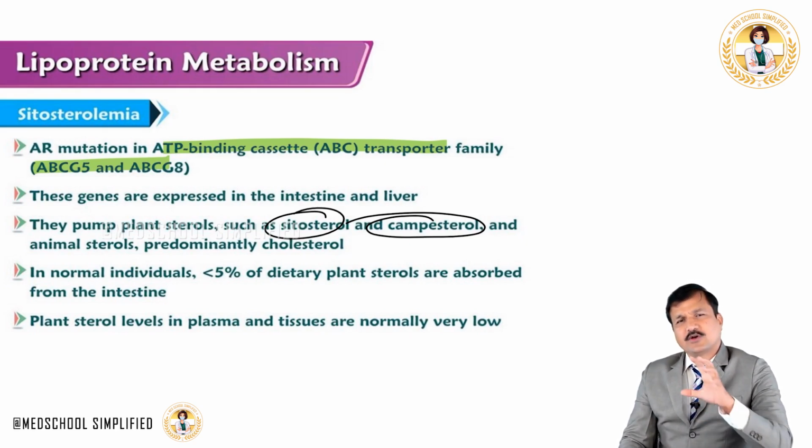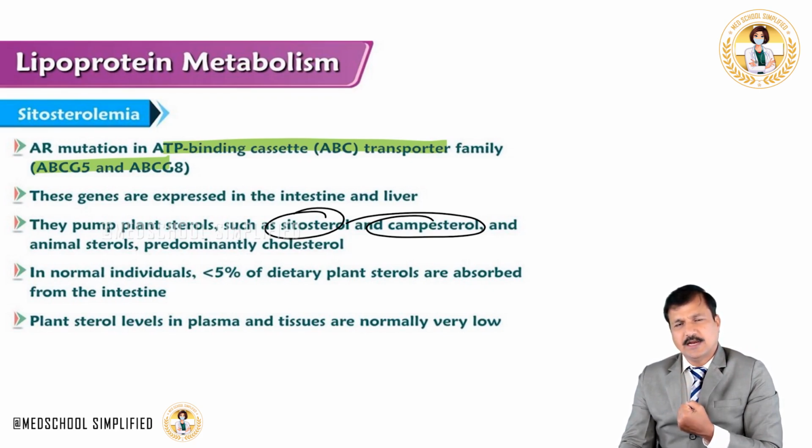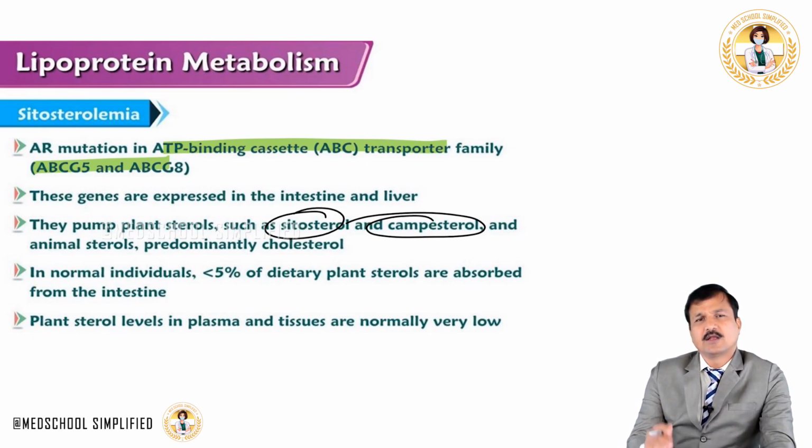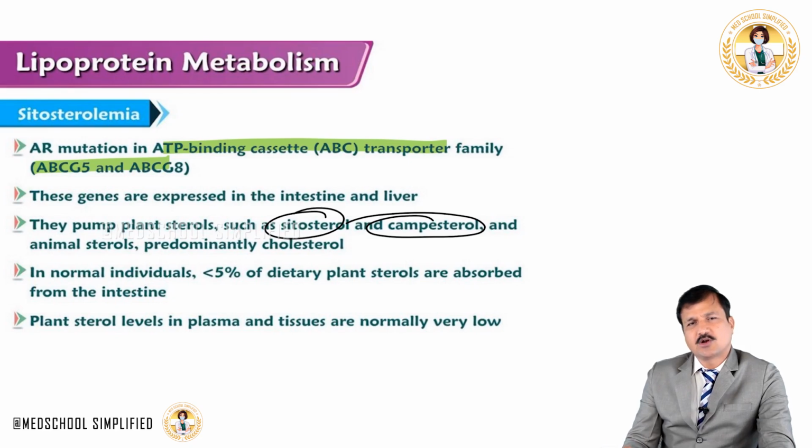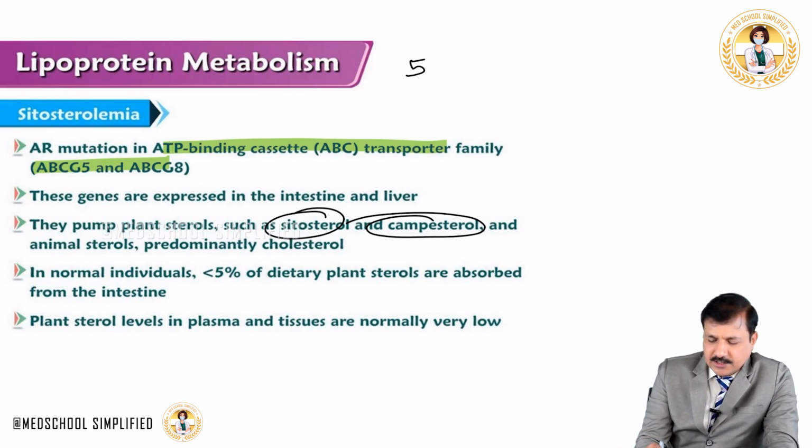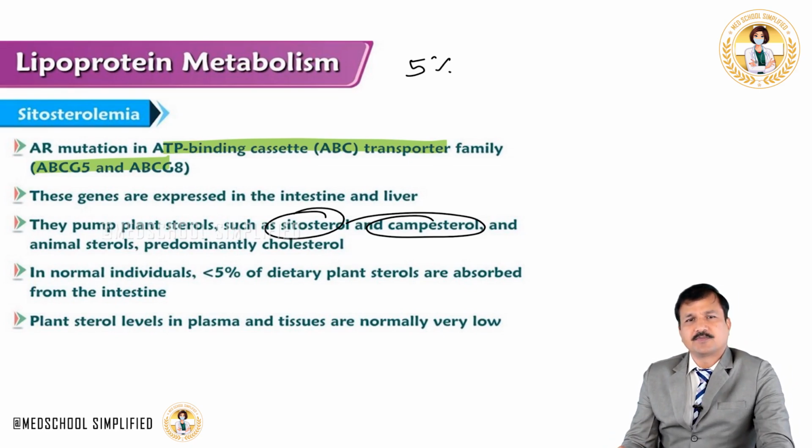So plant sterols get into our diet, and these plant sterols are generally not absorbed. 95% of the plant sterols are not absorbed in the intestinal lumen entering into the enterocytes. Only 5% of plant sterols are absorbed and enter into the enterocytes.